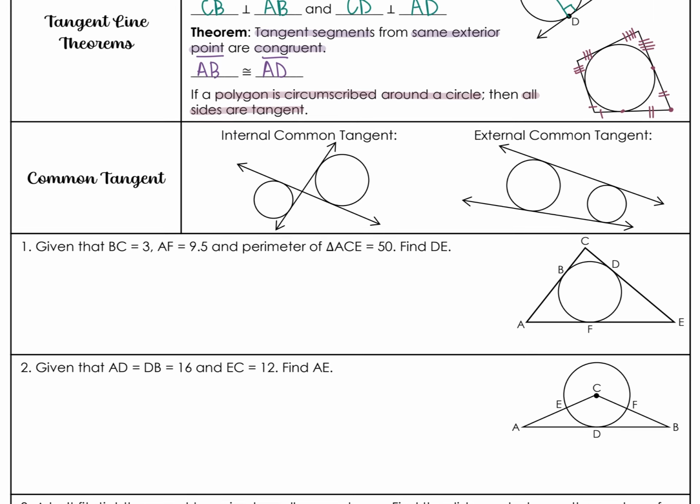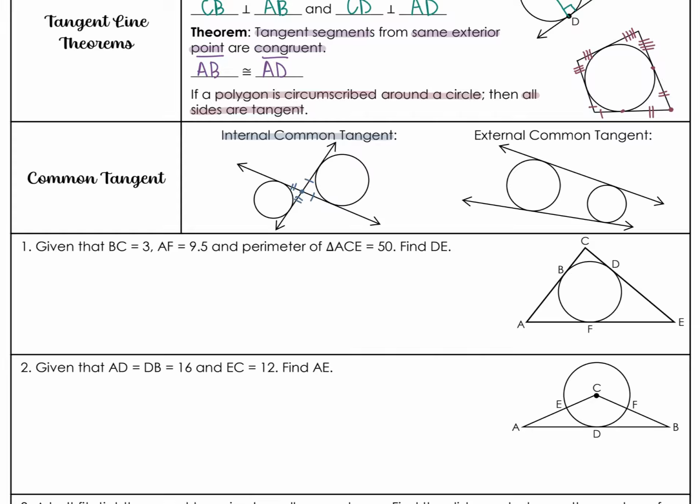All right, and then we have our common tangents. And so for here, we have our internal common tangent. And so from this point of intersection between those two circles, kind of using that theorem from up above, we can say that these segments are going to be congruent to those points of tangency.